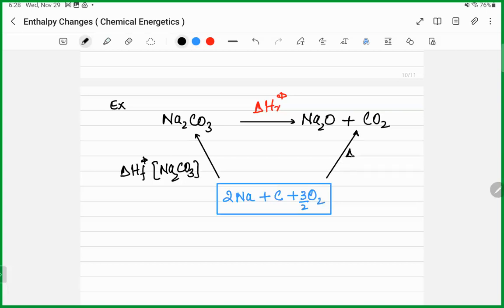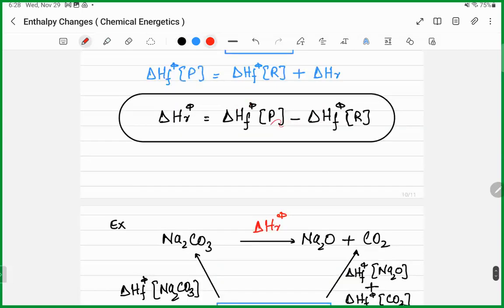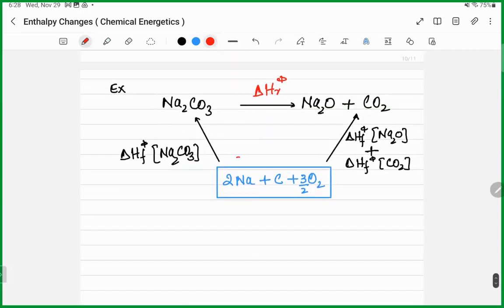So this is called delta HF of Na2O, sodium oxide, plus delta HF of carbon dioxide. Now, which one is a direct route? Yes, we know that. This one is an indirect route, and this one is a direct route.